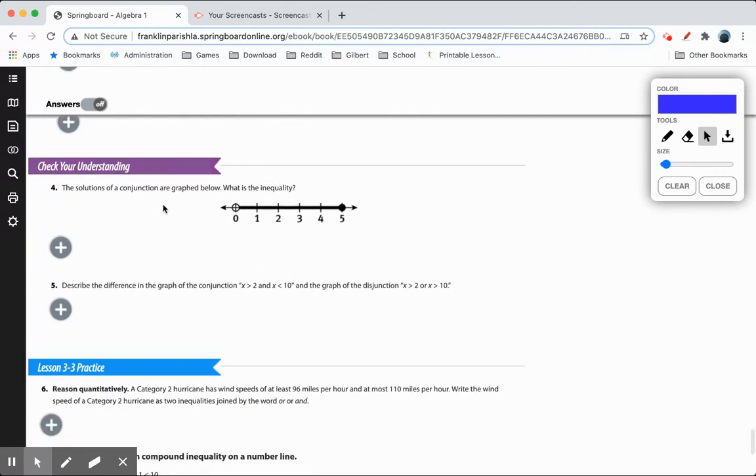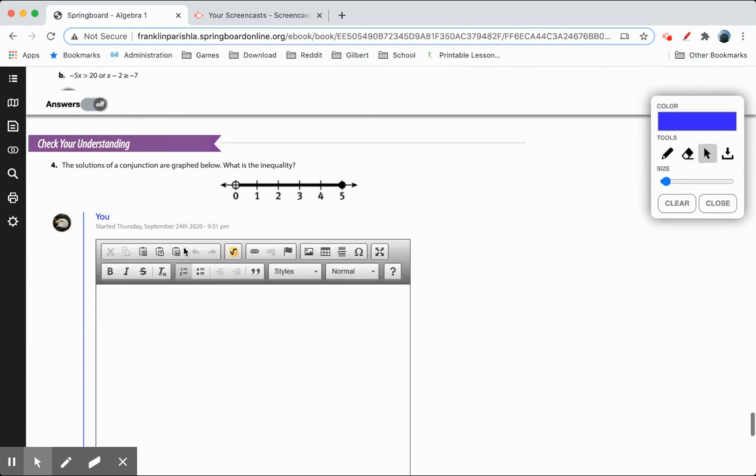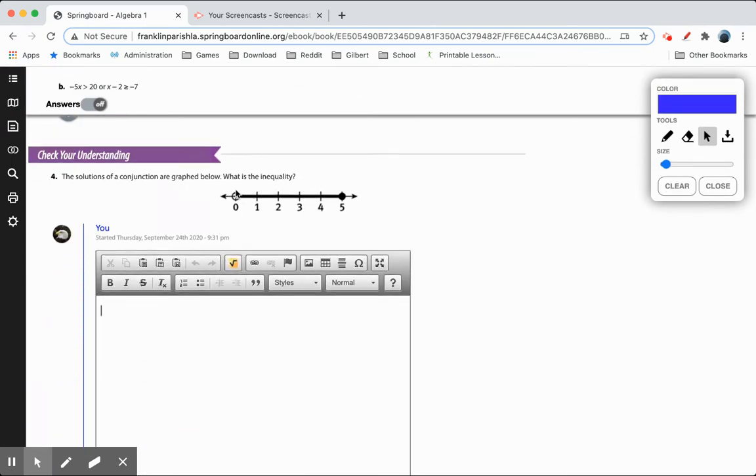The solutions of a conjunction are graphed below. What is the inequality? Okay? Looking at the picture and seeing what it says, it is greater than 0. You know it's greater because it's an open circle. It's not greater than or equal to. So 0 is less than x. Remember, x is greater than 0, or 0 is less than x.